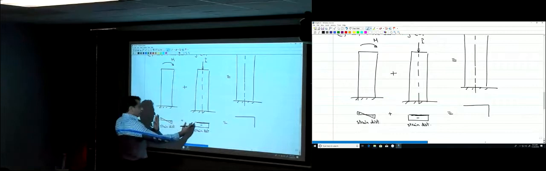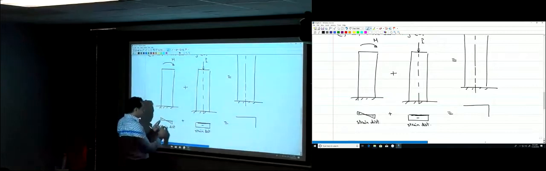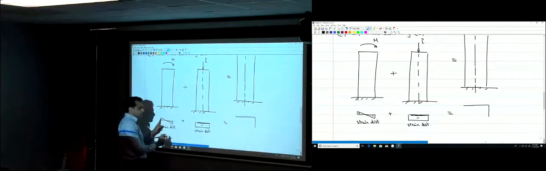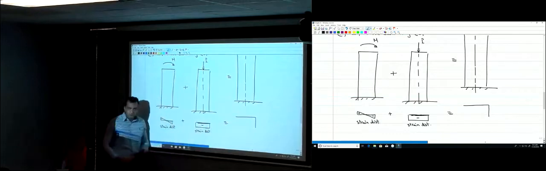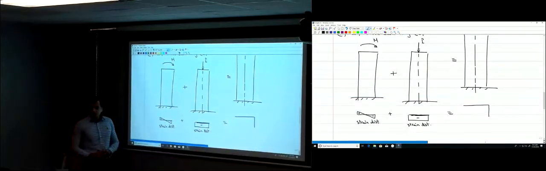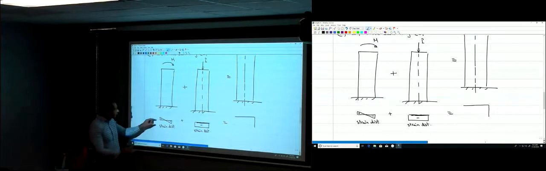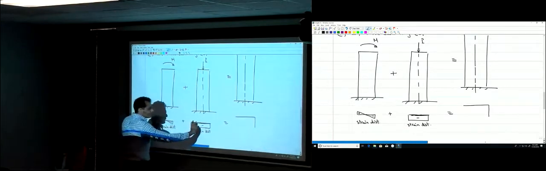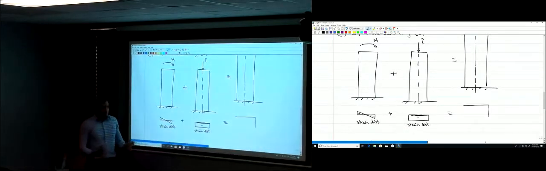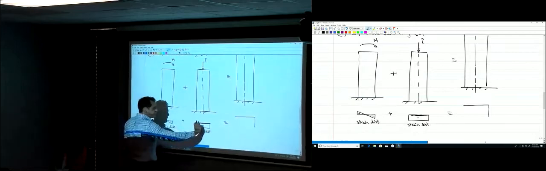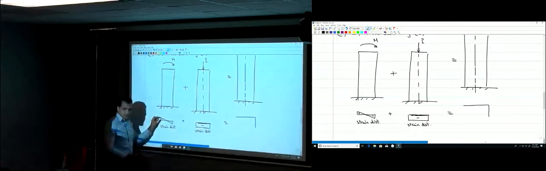On the other side, you have tensile strain from the moment and compression strain from the axial force. So the resultant, what do you think? Will it be compression or tension? It depends on how large the bending moment is. If this strain is larger than this strain, then it's going to be positive. If this negative, compression strain is larger than the tensile strain, it's going to remain negative.